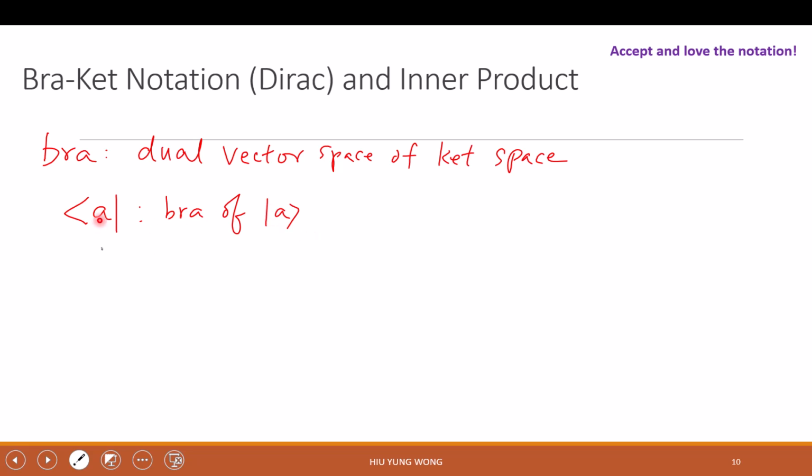So we say this is the bra of A. Writing this is not easy to see, right? But exactly what it is, it's the transpose and complex conjugate of A.